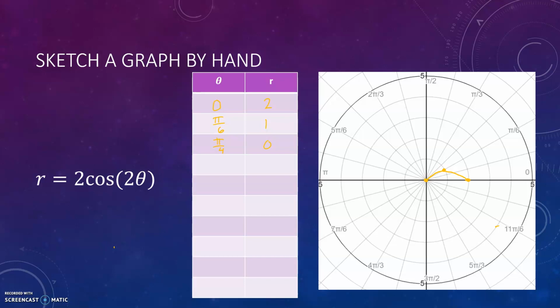I don't really want that, so I'm just going to move on to the next pi over 3 thing. I can do pi over 2. So pi over 2 would be negative 2. So then I'd be here.